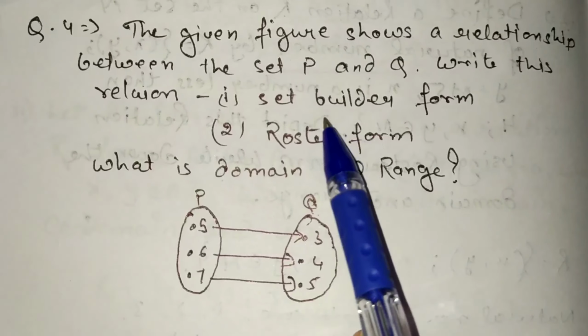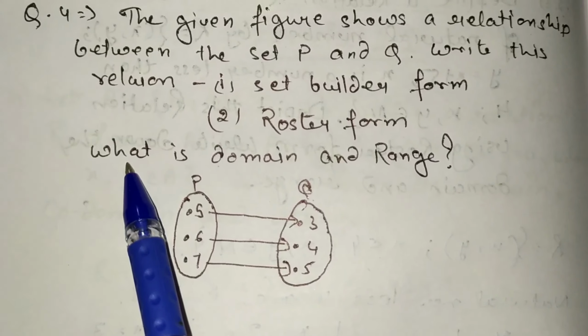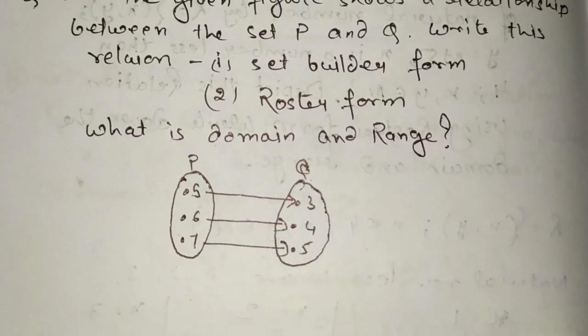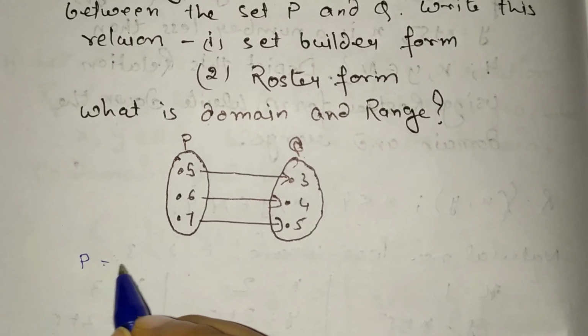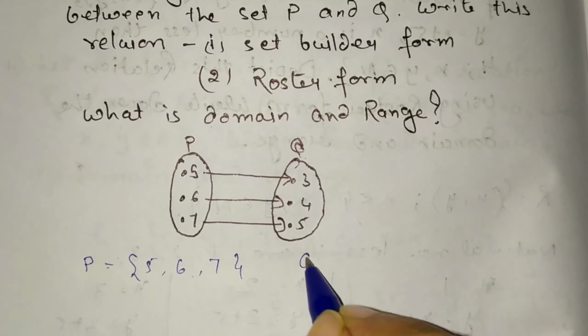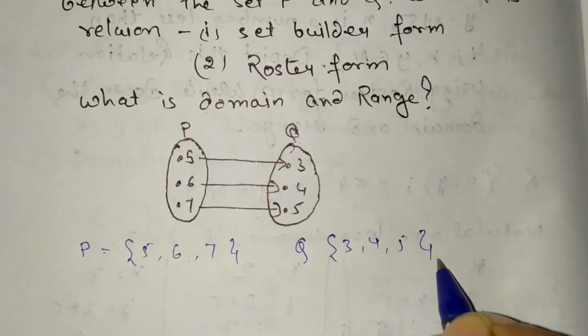Question 4. The given figure shows a relationship between the set P and set Q. Write this relation in set builder form and roster form, and also write what is domain and what is range. So according to the question we have set P having elements 5, 6, 7 and set Q having elements 3, 4 and 5.